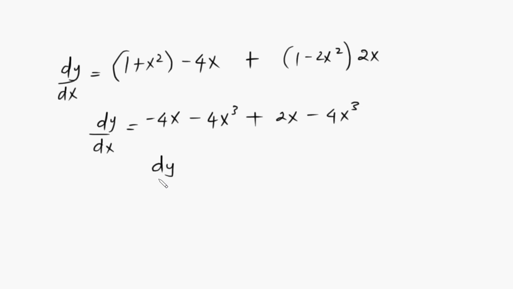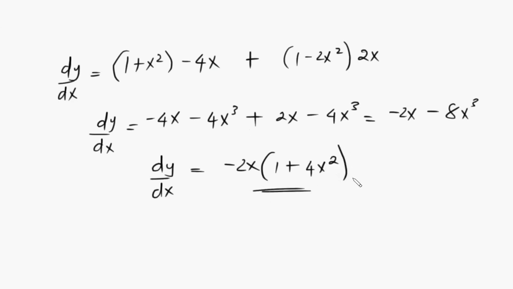So my dy/dx, hii minus 4x plus 2x nabaki na minus 2x minus 8x cube. So ndo hiyo hapo. Nikitoa hapo negative 2x nje, hapa nabaki na 1 plus, not 2, 8 divided by 2 is 4, 4x squared. So this now is my dy/dx.